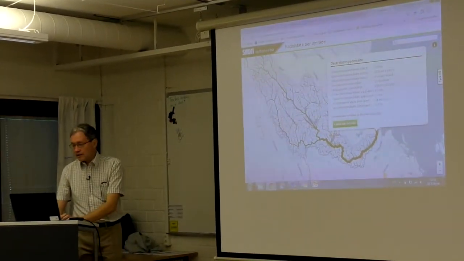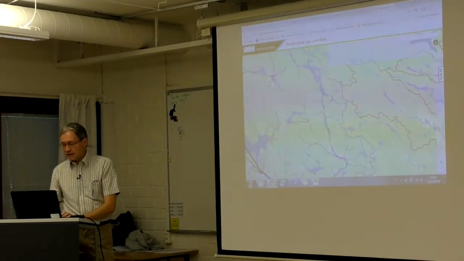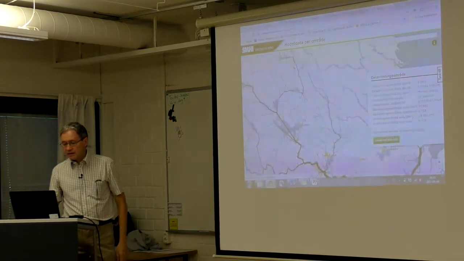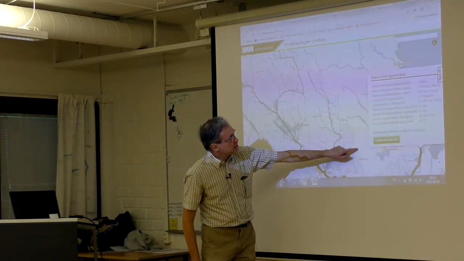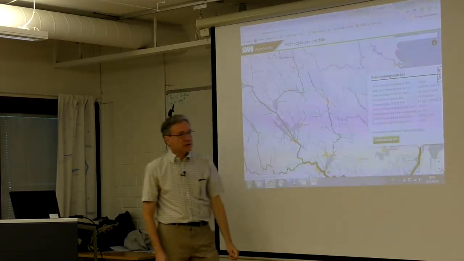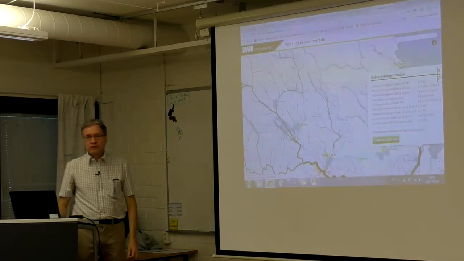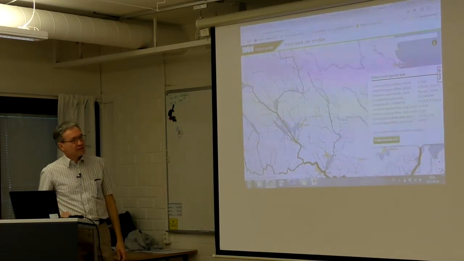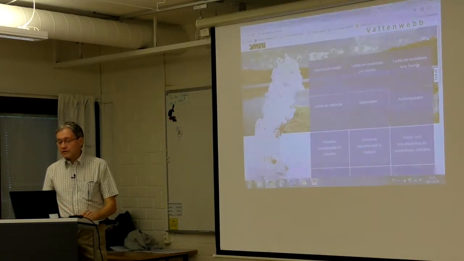It's easier to see in this scale. You can see the basin divides here. It's a bit difficult to see on this screen, perhaps. And then you can download information from each of these subbasins, and you can download model simulations for all of Sweden here.